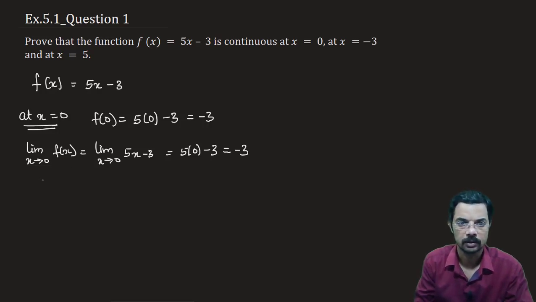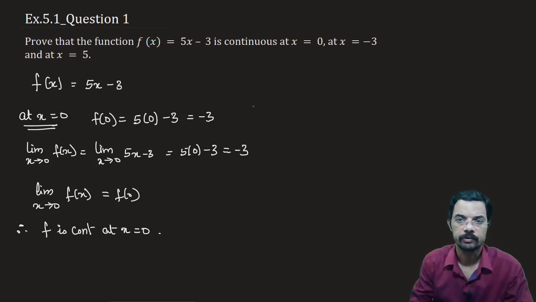So therefore, here the value of the function is equal to the limit of the function. So limit x tends to 0, f of x is equal to f of 0. Therefore f is continuous at x equal to 0.